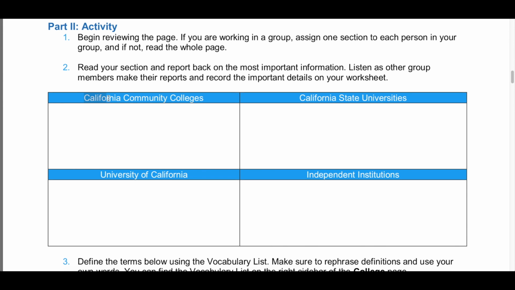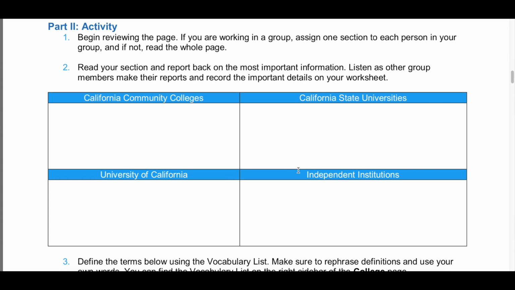One group will look up California Community College, and they'll go on the website to see what that looks like. Another group can do the CSU system, and another group can do the UC system. These are very relevant college systems for our students.